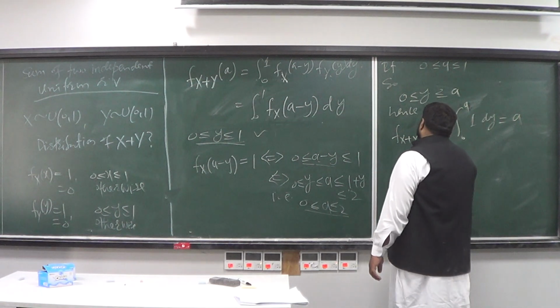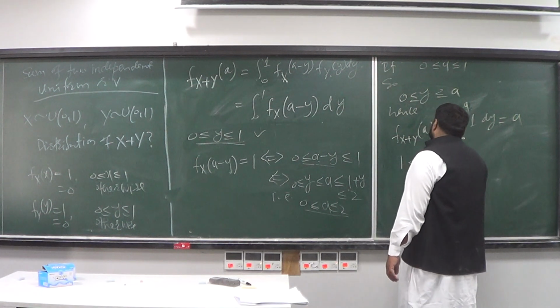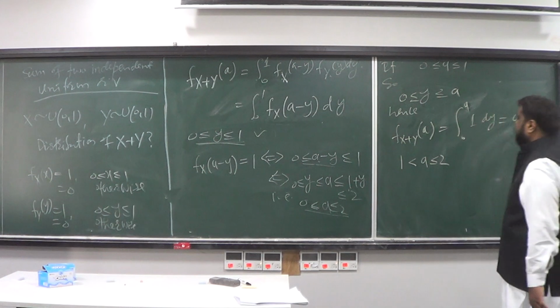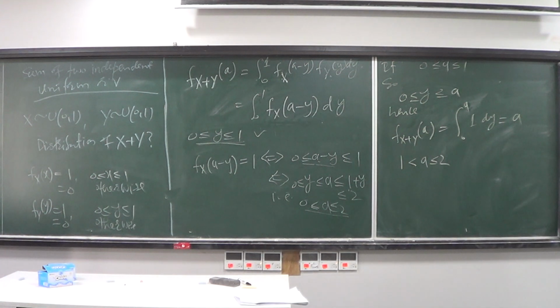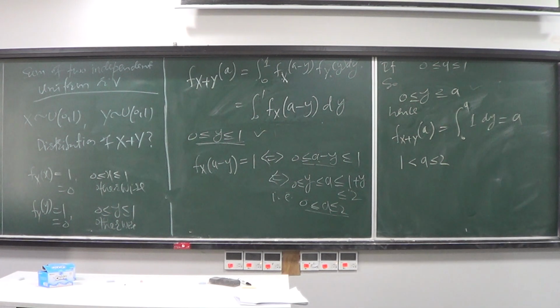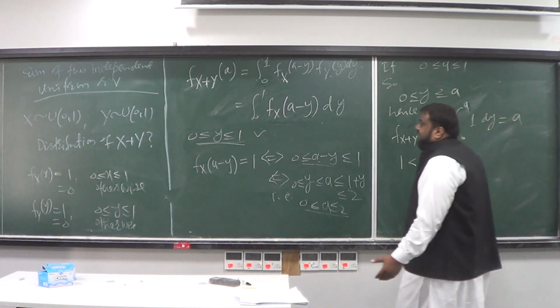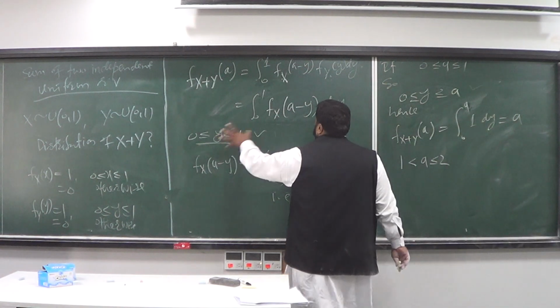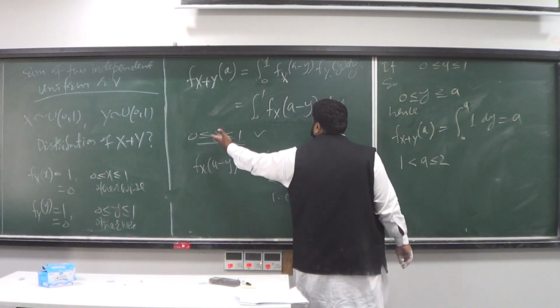if you now choose a to be something between 1 and 2, the question is again, where would y be? One thing that I know about y is that it is always between 0 and 1. It can't go beyond it, because in this integral, it can't go beyond this.